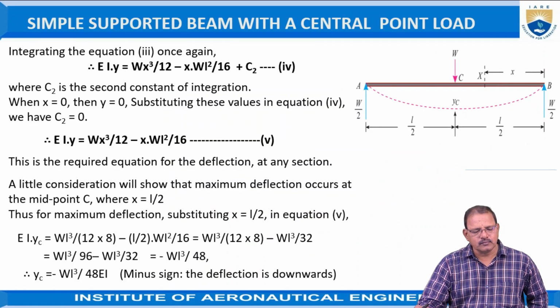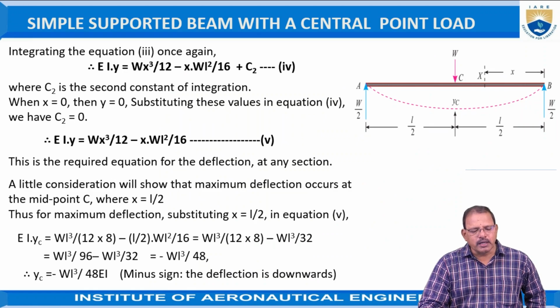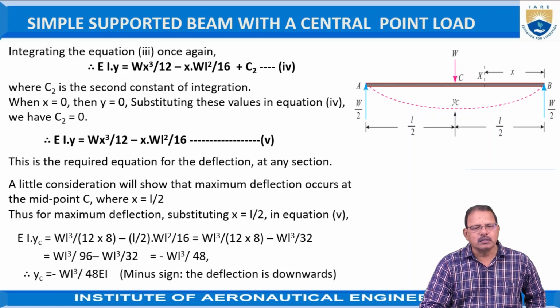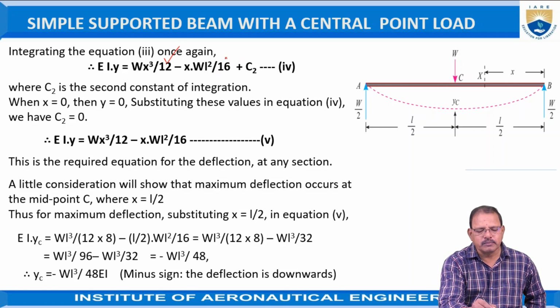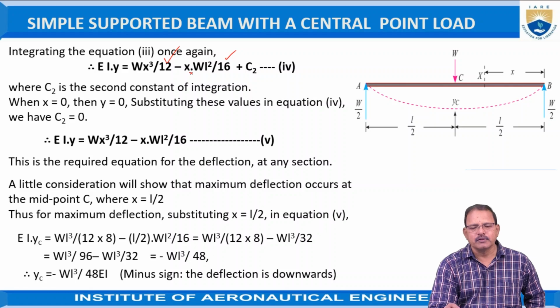Integrating equation number 3 once again now, we got EI into Y is equal to Wx cube divided by 12 minus WL square by 16 into x plus C2, where C2 is the second integration constant now.